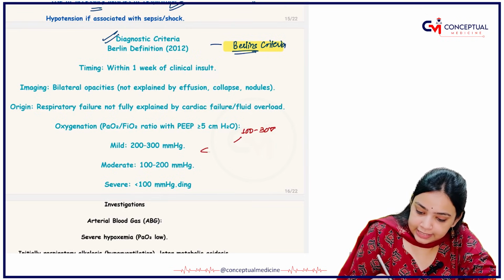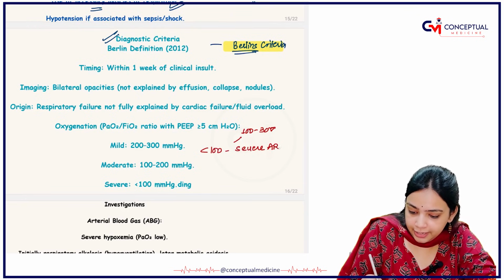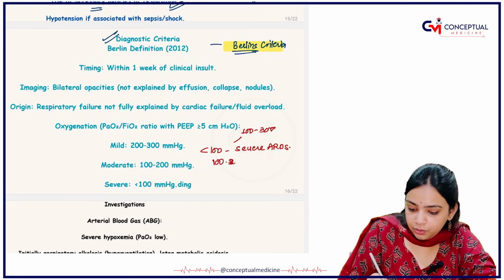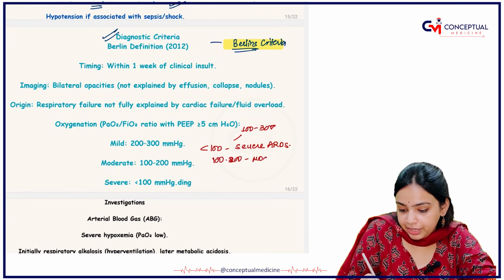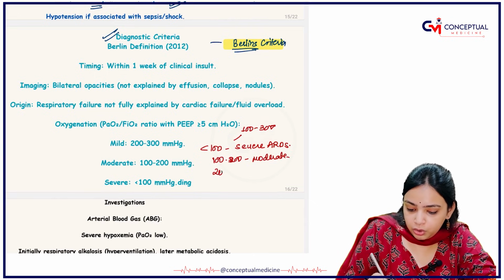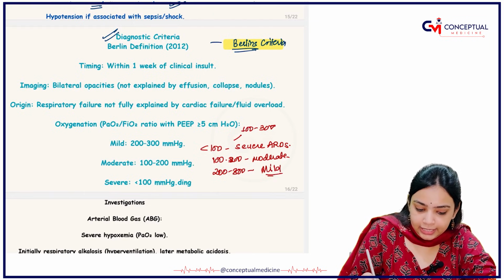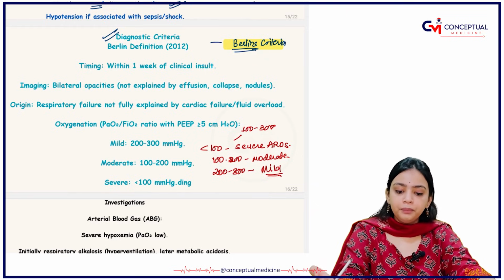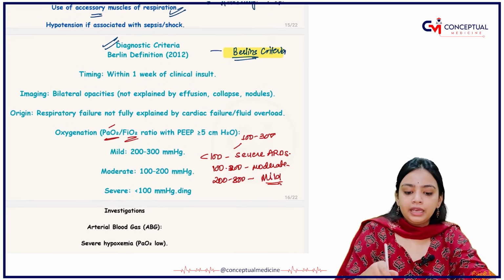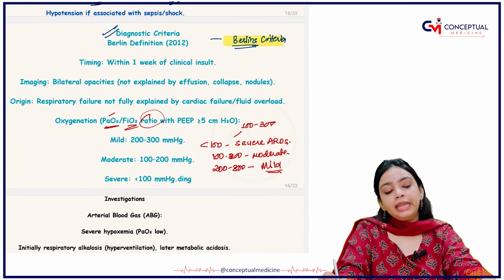If it is less than 100, you will name it as severe ARDS. If it is between 100 to 200, you will name it as moderate ARDS. And if it is in the 200 to 300 range, you will name it as mild ARDS. So this is the criteria that we use. The PaO2 and FiO2 we take into consideration. It is nothing but the ratio of PaO2 and FiO2.